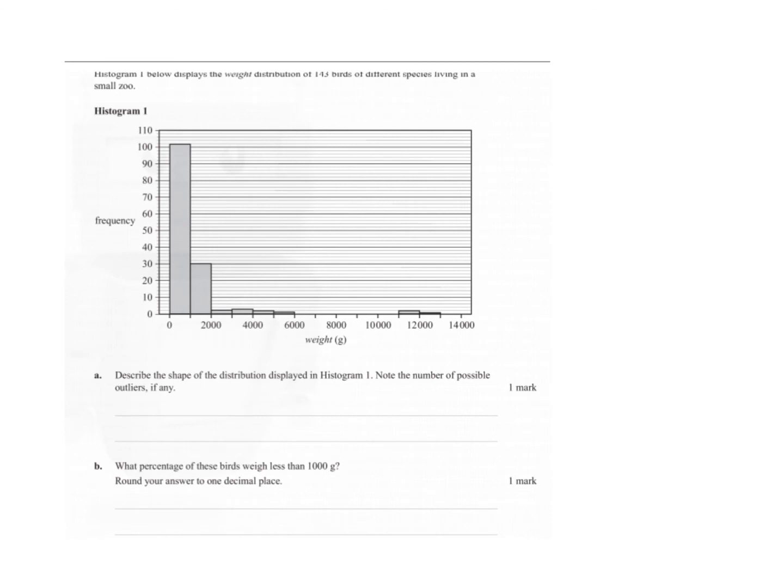Okay, so the histogram below displays the weight distribution of 143. Sorry, that got a bit cut off. I'm going to say 143 birds, which is actually my N, in different living spaces. So this is just giving a number frequency. Describe the shape of the distribution and note possible outliers. Once again, it's up at the start, tailing out, so I'm going to say it's positive skew.